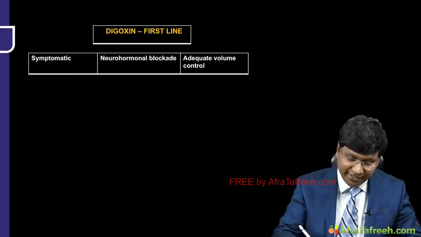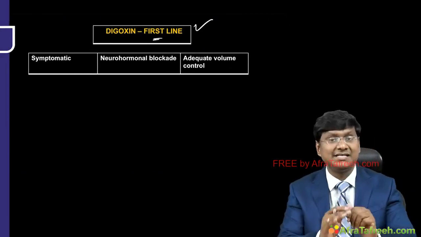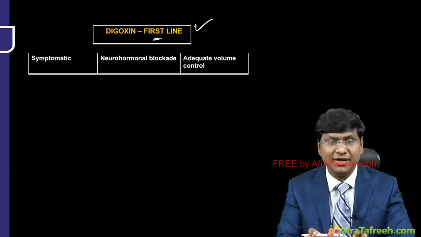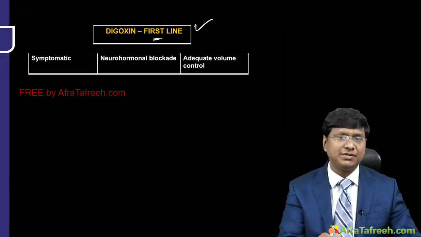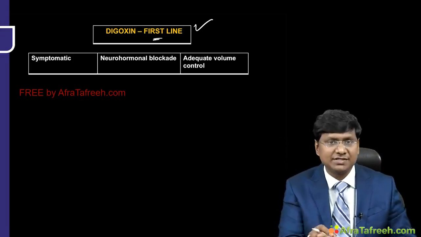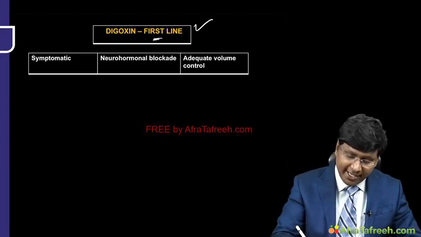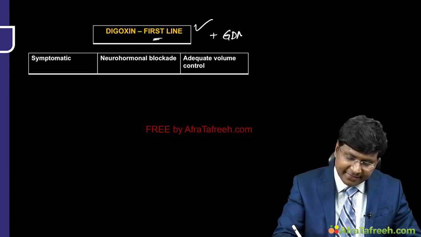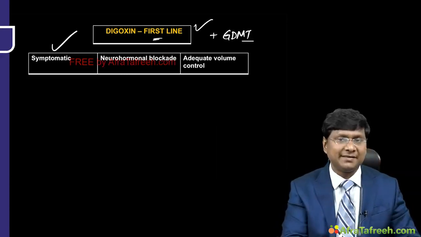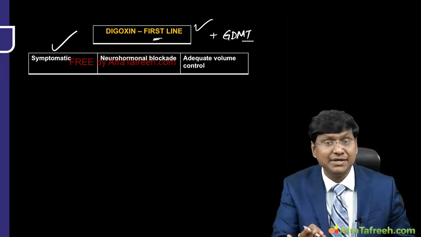Okay, in which scenarios do we use digoxin? Actually, we don't use it very commonly, but it can be used in individuals who are already on guideline directed medical therapy, but the patient is still symptomatic, then you add digoxin.